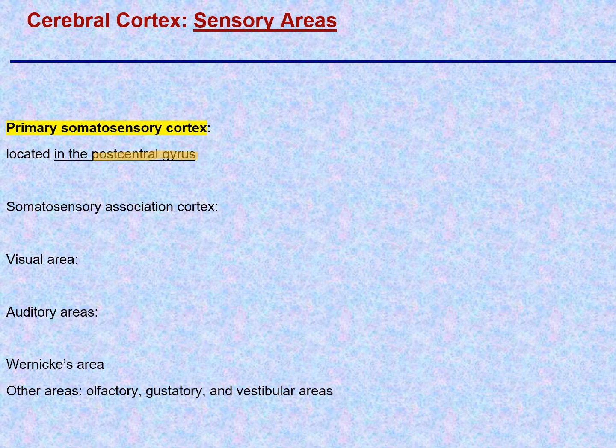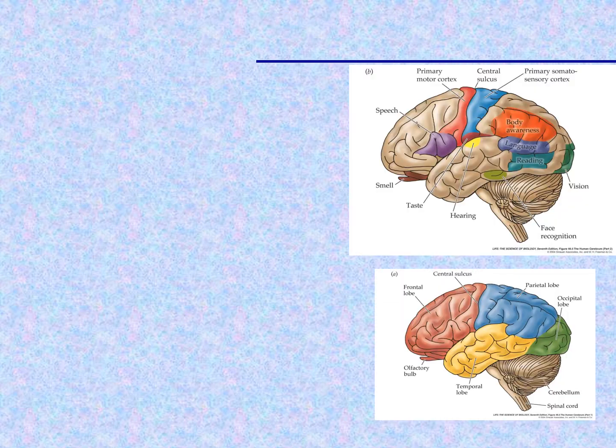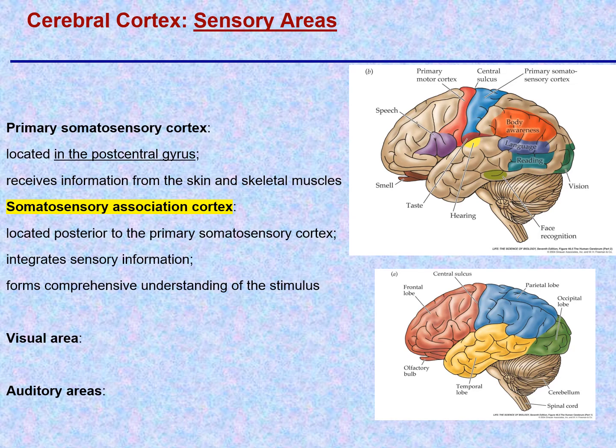There are other areas that are very important for sensory processing and awareness of sensory information, a number of different areas, but let's stick with at least learning the primary somatosensory cortex. The somatosensory association cortex is also a sensory area, but I'm not going to get into that.